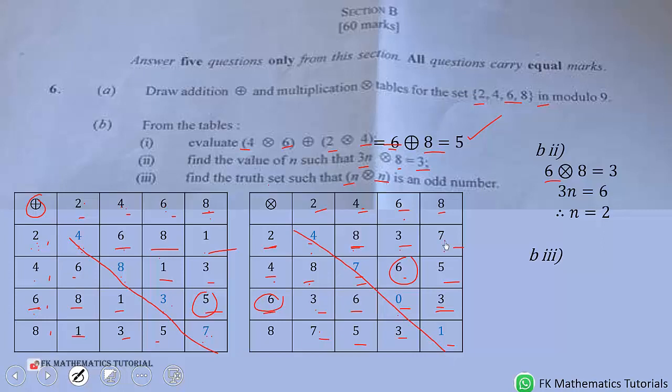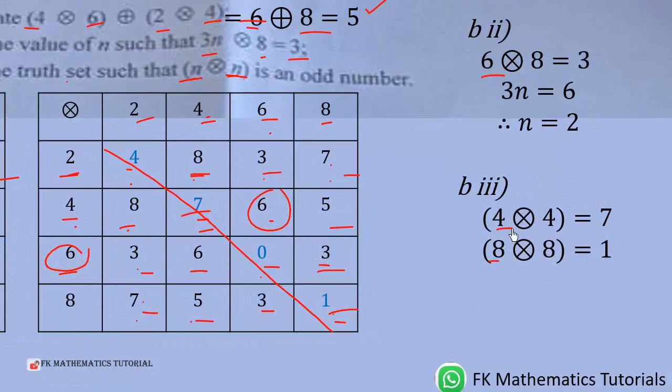So these odd numbers, the numbers that are multiplying to give us this result are not the same. You see, n by n must be the same. So 4 by 4 will give us an odd number. Then 8 by 8 also gives us an odd number. So therefore, n is either equal to 4 or n is equal to 8.